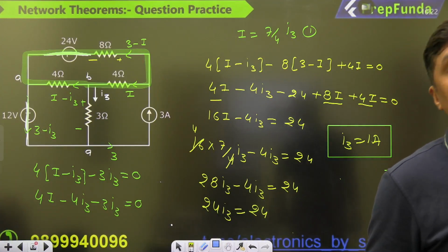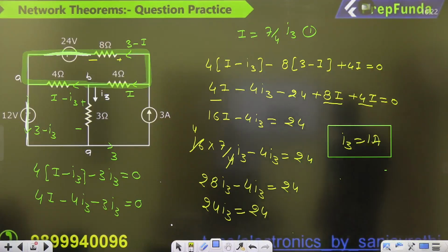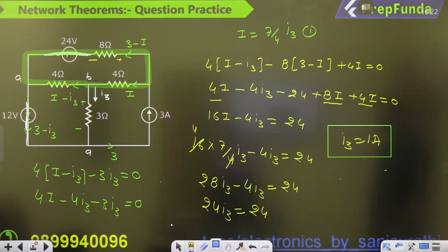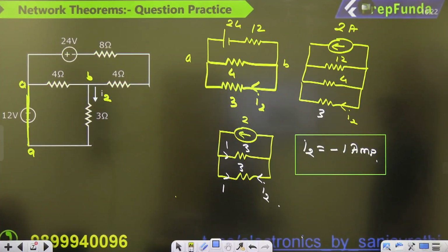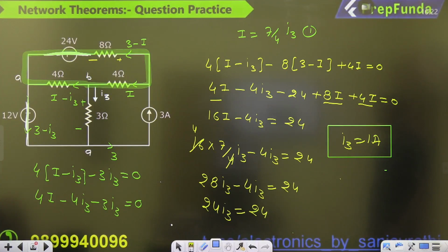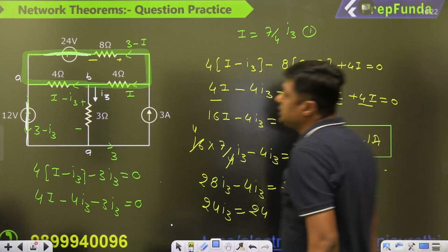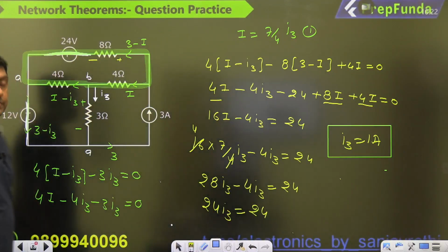Sir, it will not be 3 minus I3 because of the open loop. Okay, what is your doubt? Where, in this equation? Okay, 3 minus I3, because what is the resistance here?